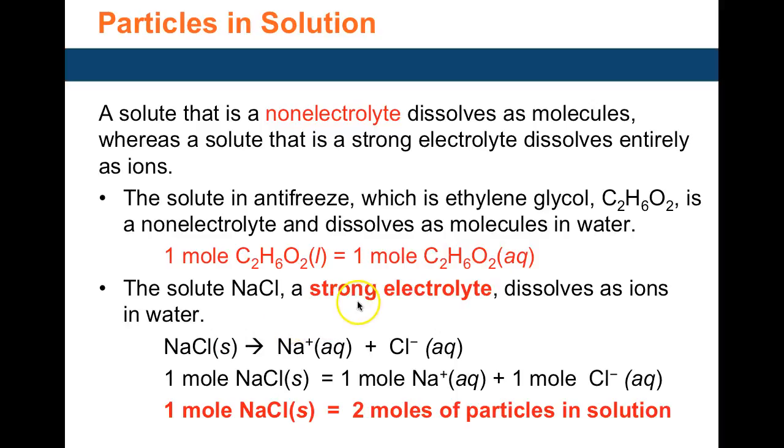On the other hand, if you take something like sodium chloride, because it is able to break up in water into individual ions, if I take 1 mole of solid sodium chloride, I get 2 moles total of particles, 1 mole of the sodium ion and 1 mole of the chloride ion. So I'm able to generate more particles in solution as compared with a non-electrolyte like ethylene glycol. Non-electrolytes generate fewer particles when dissolved in water as compared with strong electrolytes.